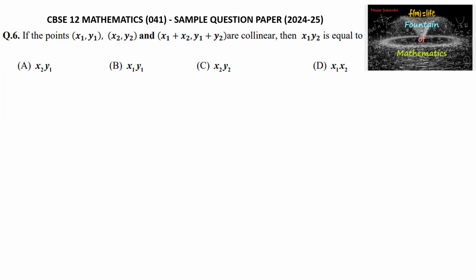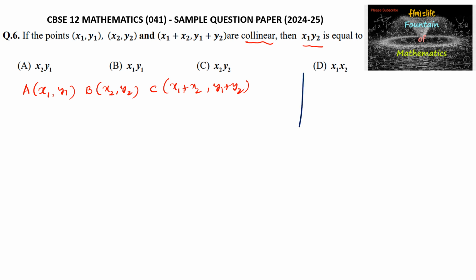Given the points A (x1, y1), B (x2, y2), and C (x1 plus x2, y1 plus y2) are collinear, we need to find the value of x1 y2.